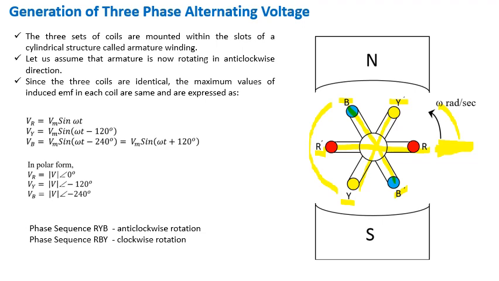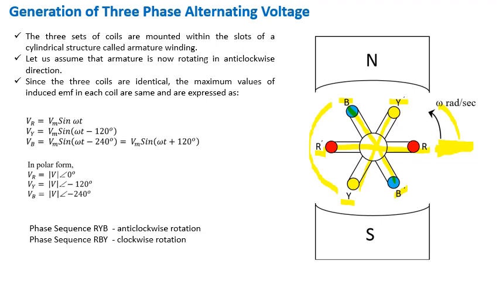At the same time, there will be EMF induced in the Y dash and B dash conductors, but the magnitudes of these will be different and will be checked later on. The size of the conductor, the length of the conductor, and the number of turns in all three sets are equal.